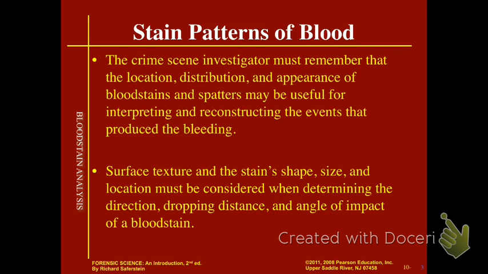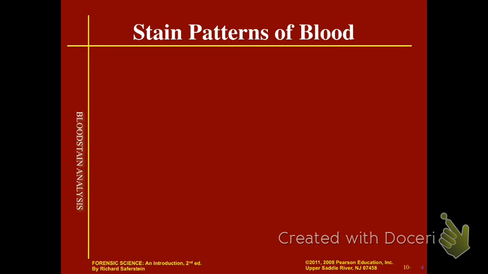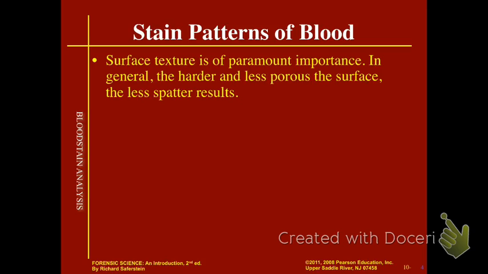And all of these can be used together to determine the direction, the dropping distance, and the angle of impact of a bloodstain. These are all important things to keep in mind. Surface texture is important because, in general, the harder and less porous the surface, less spatter results.